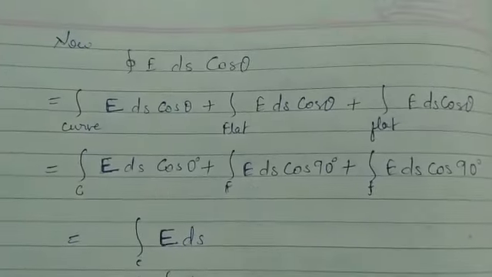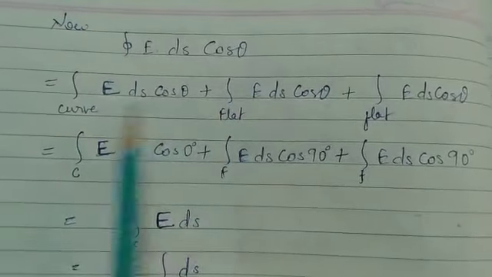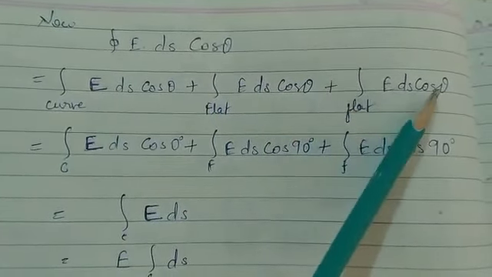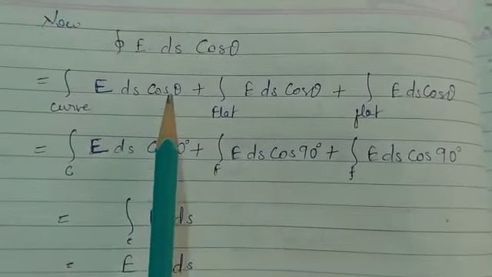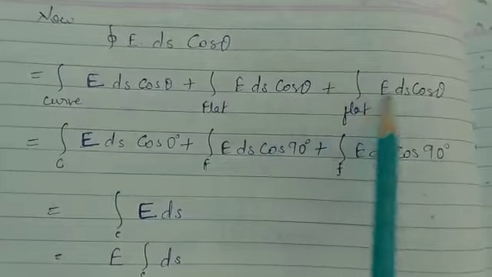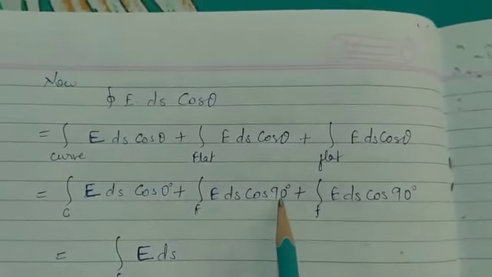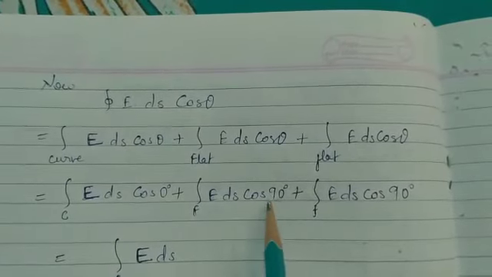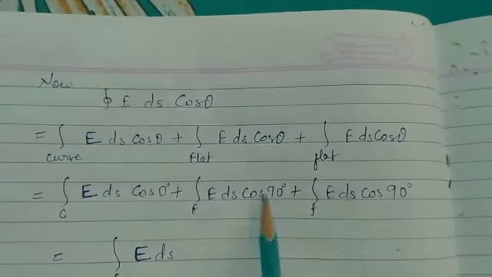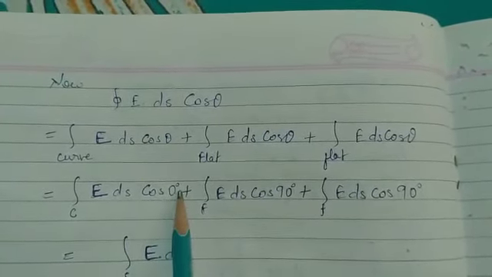That is, curved E dS cos theta plus flat E dS cos theta plus flat E dS cos theta. In the curved surface the value of theta is 0, and in the flat surfaces theta is 90 degree, and we all know that cos 90 equals 0. So these two terms become 0 and only the curved term is left, and the value of cos 0 is 1.